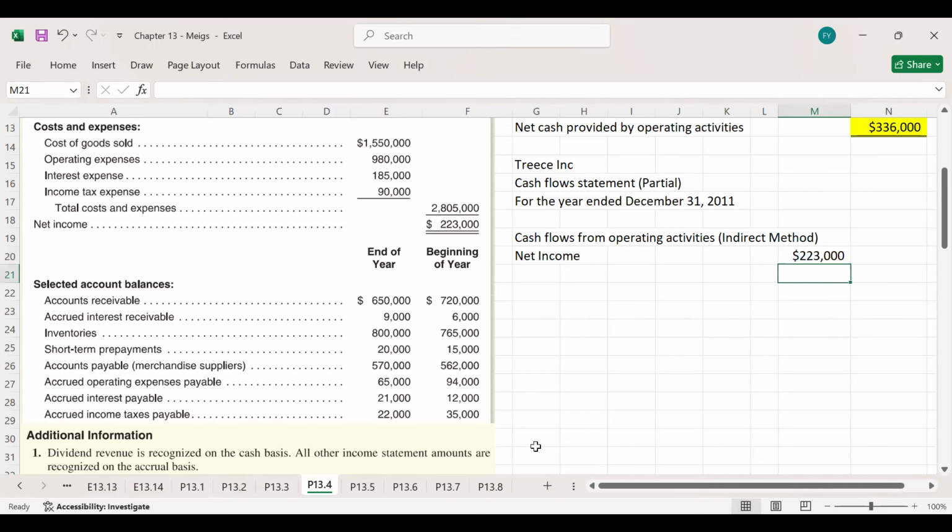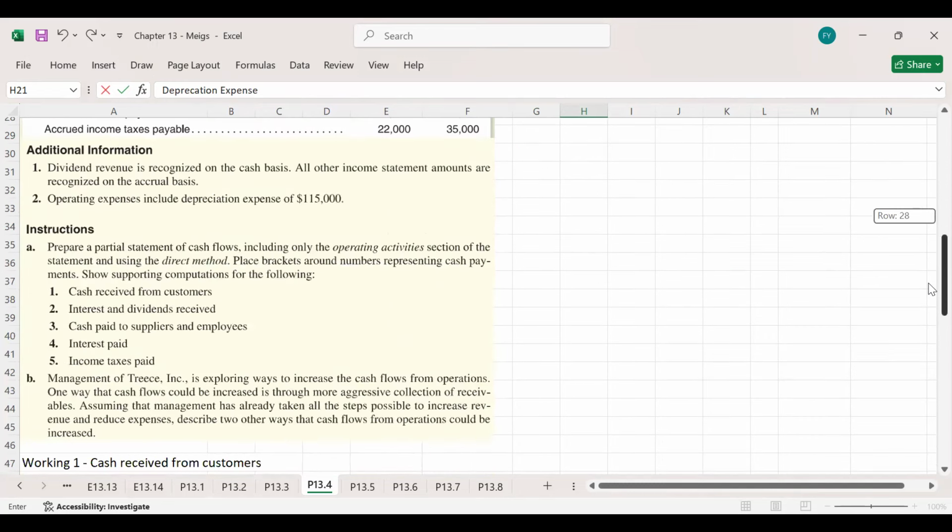$223,000. So we add all those activities that are going to increase any cash flows. So add. Now, you can see depreciation expense. So as depreciation expense is a non-cash expenditure, we are going to add it back in the net income. So depreciation expense, and it was $115,000.